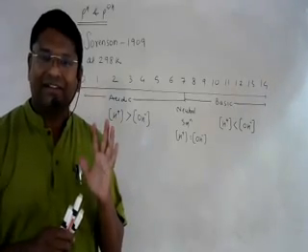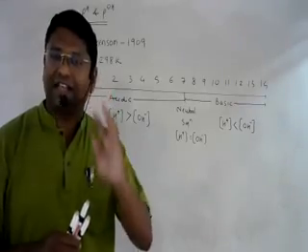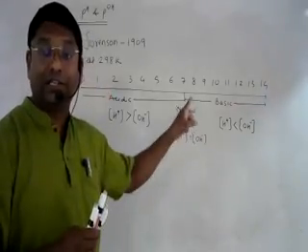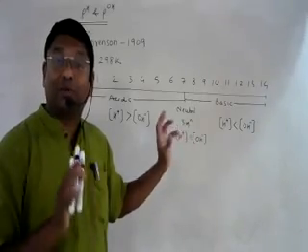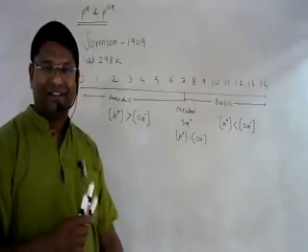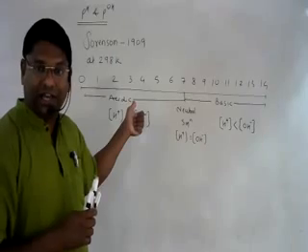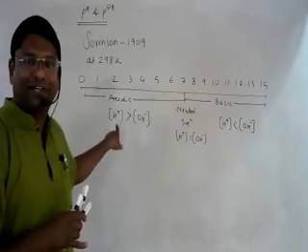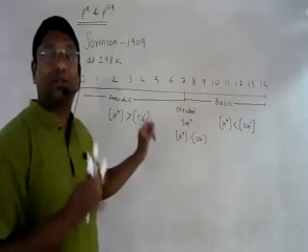And if the solution has pH 7, it is neutral because the concentration of H positive and OH negative ions are equal. If the pH is less than 7, the solution is acidic because concentration of H positive is greater than concentration of OH negative.